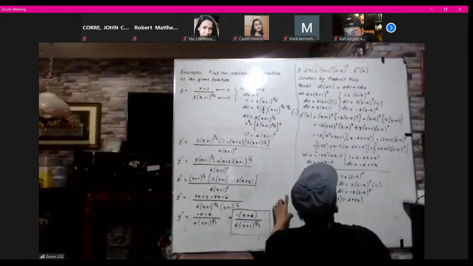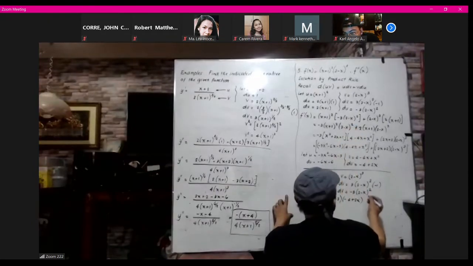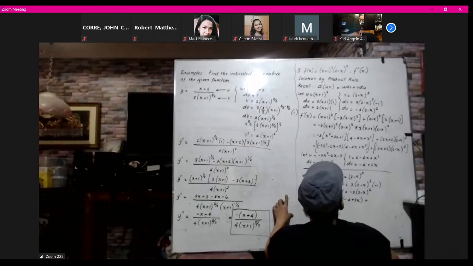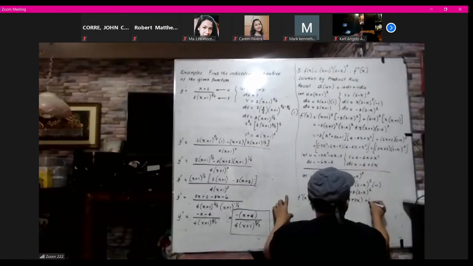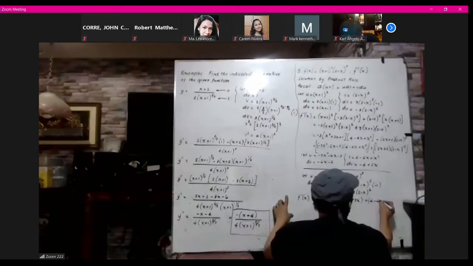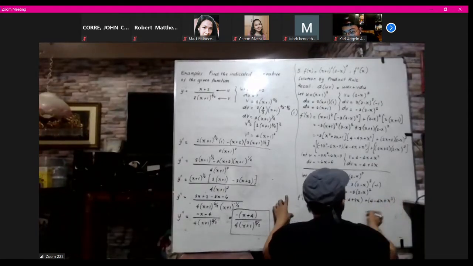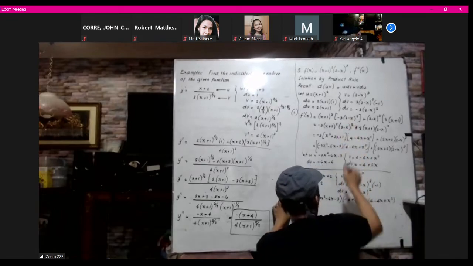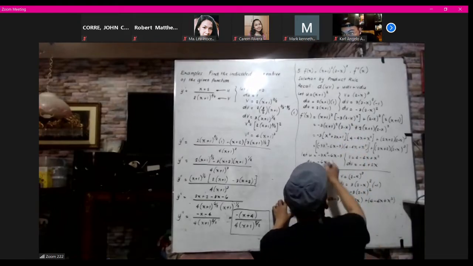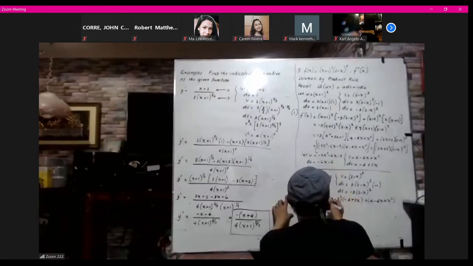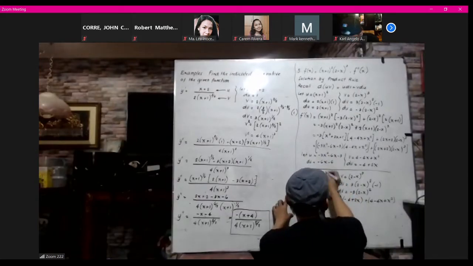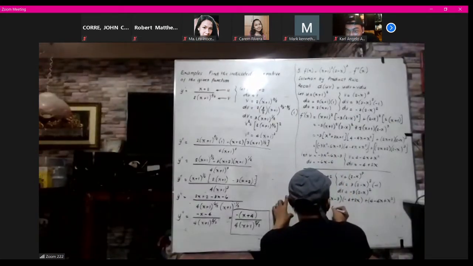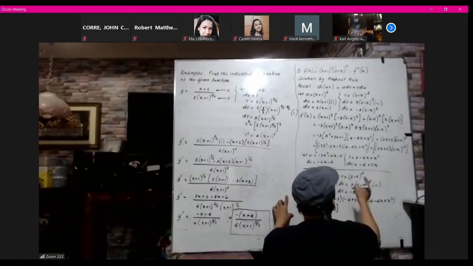Then, sumunod, plus v, ang v ulit. Ano ang v natin? Ang v natin is equal to this one, 4 minus 4x plus x squared. Then, multiplied by du. Ano yung du natin? Ang du natin here is negative 6x minus 6.